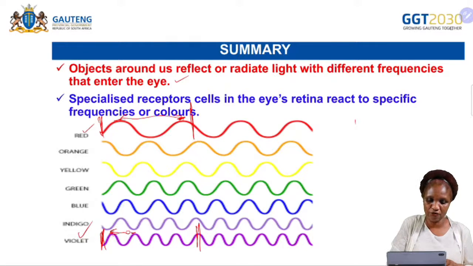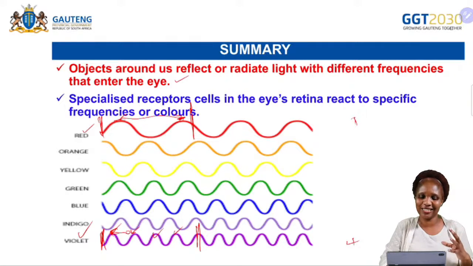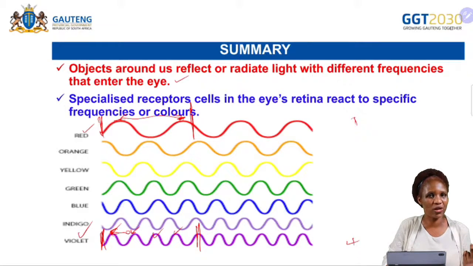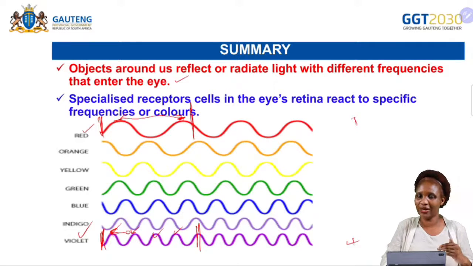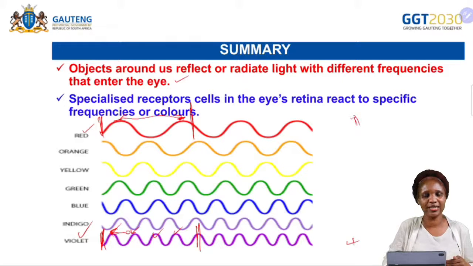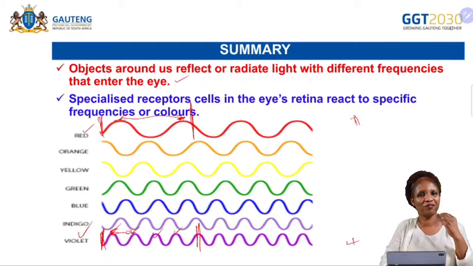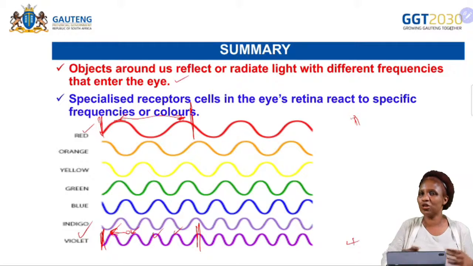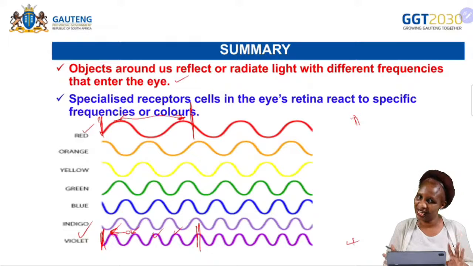We'll count the number of waves. 1, 2, 3, 4. You see, here it is 1, here it is 4. It shows that the wavelengths are different. Okay. Therefore, the frequency is going to be different as well. For red, the wavelength is long. It is the longest, but the frequency is the lowest because only one wave will pass at a certain point at a given time. But with violet, a lot of waves are going to pass at a certain point at a given time. Okay. Let's continue.